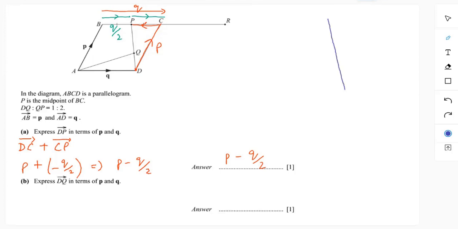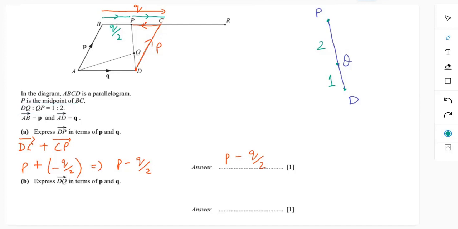So you see, this is D and this is P and this is some point here in the middle that is Q. उसने आपको क्या कहा है? उसने आपको कहा है कि DQ, this part is 1. If this part was 1, then QP part, the upper part would be 2. That's what it's saying. अगर ये नीचे वाला part 1 होता तो ऊपर वाला part 2 है. Right? That's the ratio that you're given here.